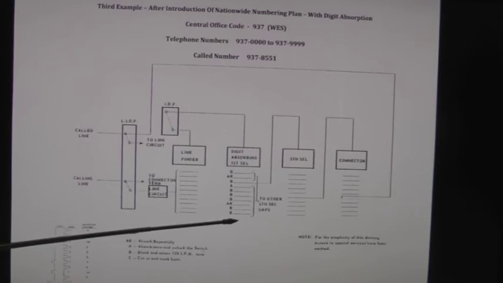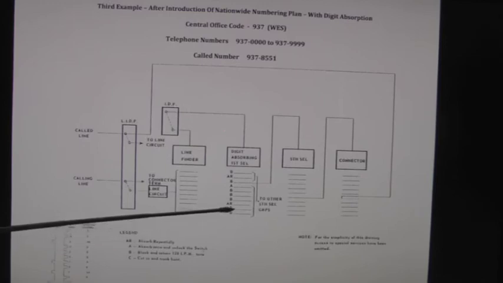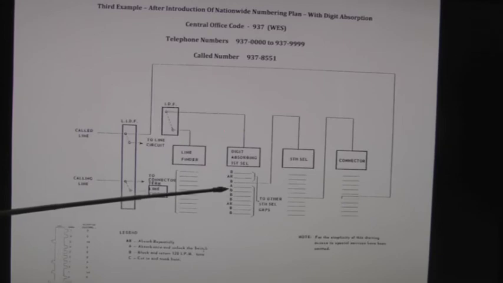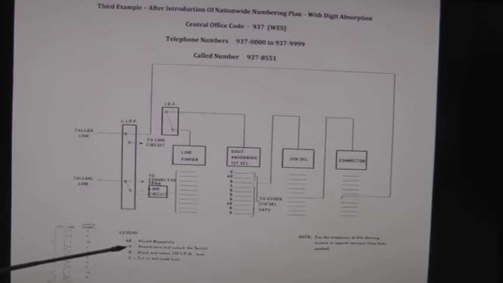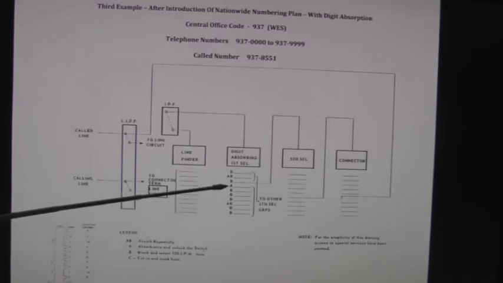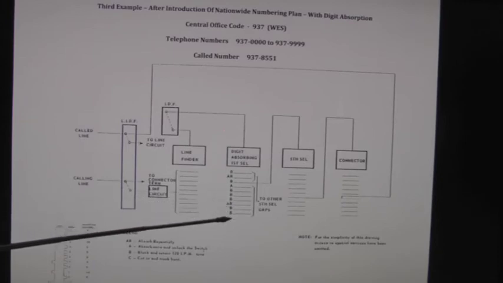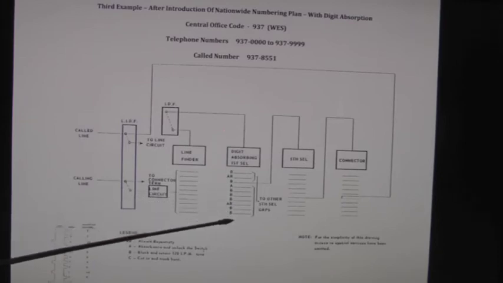So now the calling line is going to dial the 3rd digit, which is a 7. So the selector steps up to the 7th level, and here we see the digit absorbing feature is now an A. And the legend says that an A is absorb once and unlock the switch. So the first part of that is absorb once. So again, the switch shaft will drop back down to its released position.